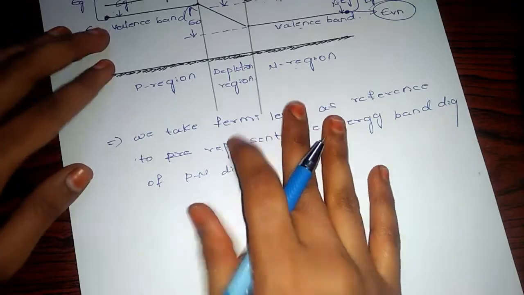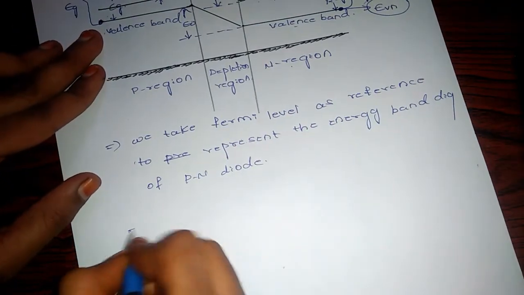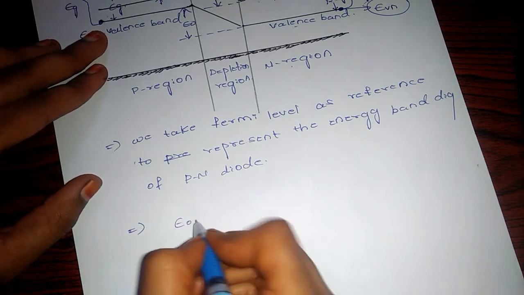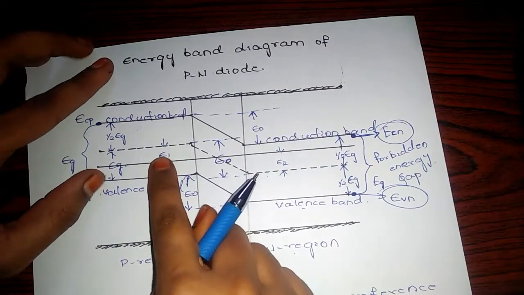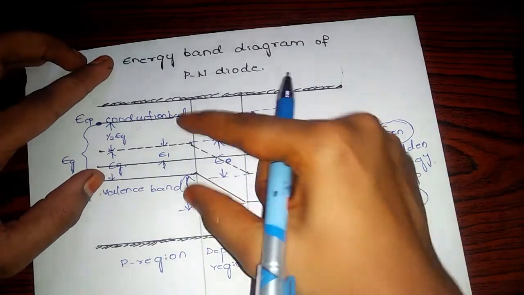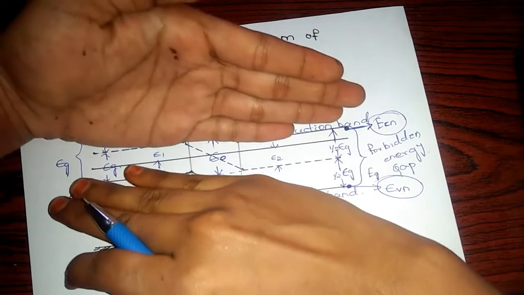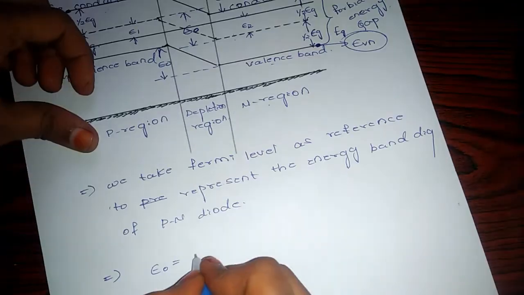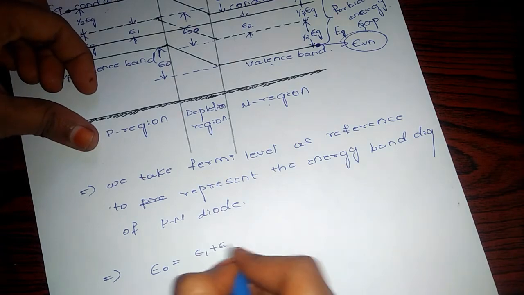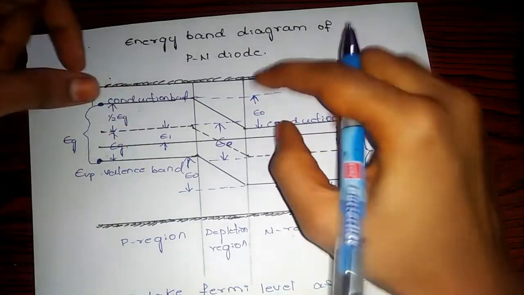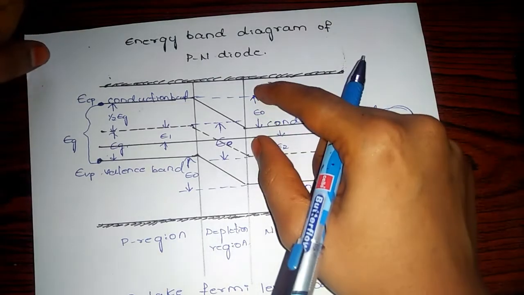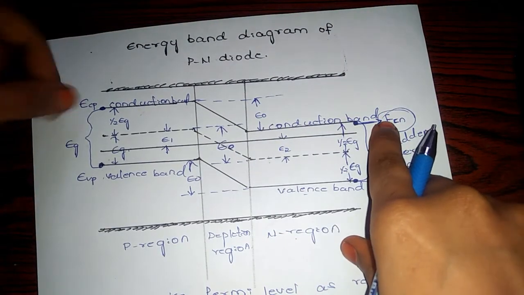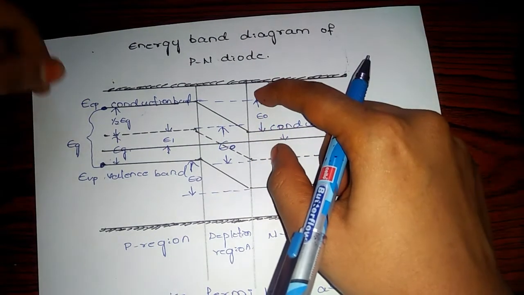So see here, the equation for E naught: if you add E1 plus E2, we get E naught. The same notation, so E1 plus E2 is equal to, here you have another E naught. If you subtract this edge from this edge, then we get E naught.